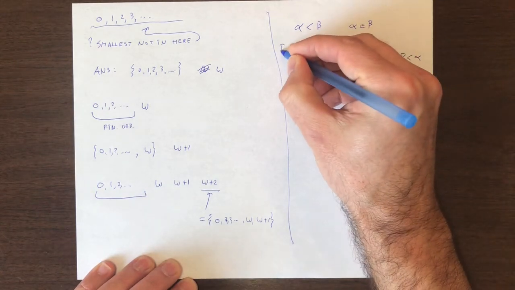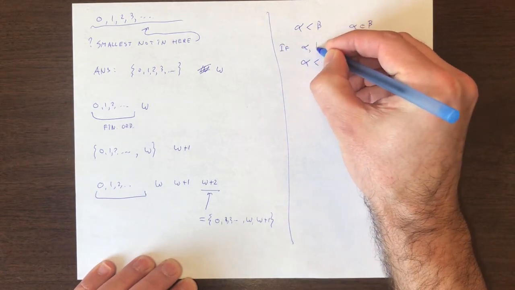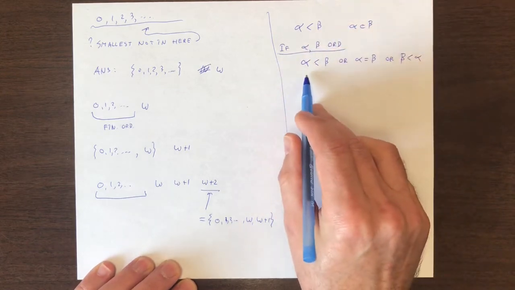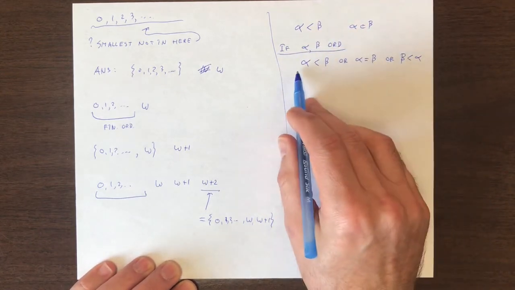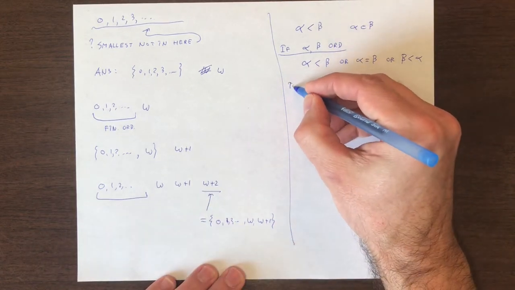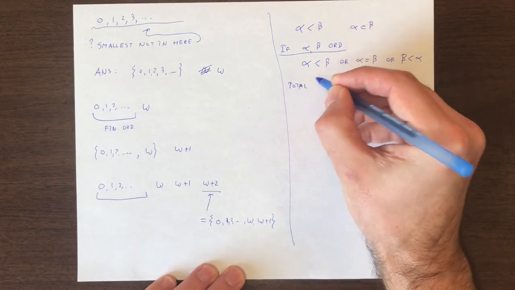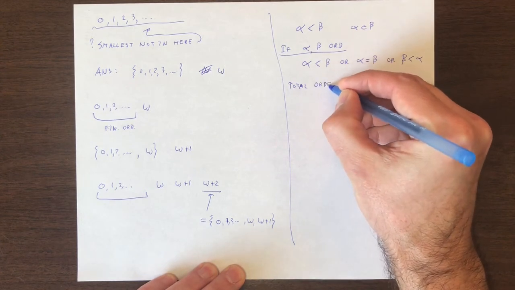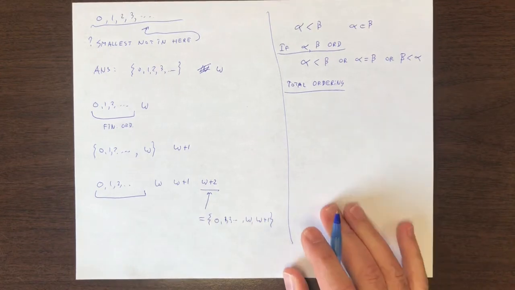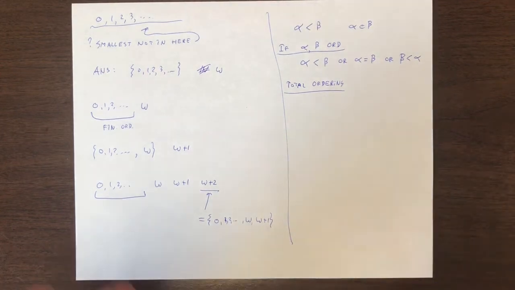So if alpha and beta are ordinals, then they're either equal or one is less than the other. So that's the property of a total ordering. Okay, so in other words, a total ordering, that's a really, really good ordering. Any two ordinals can be compared.